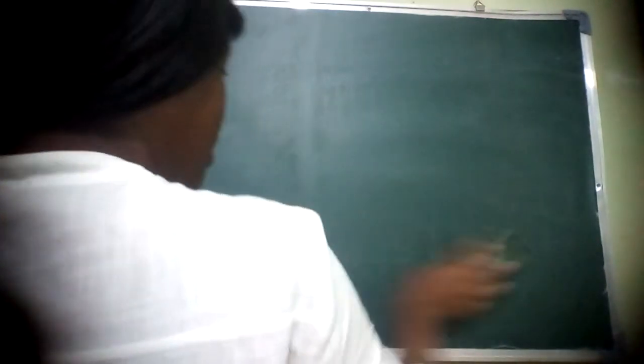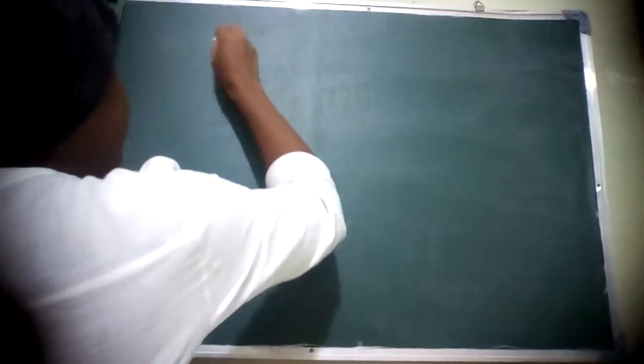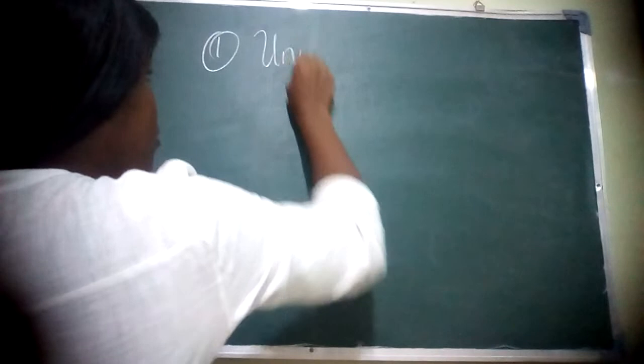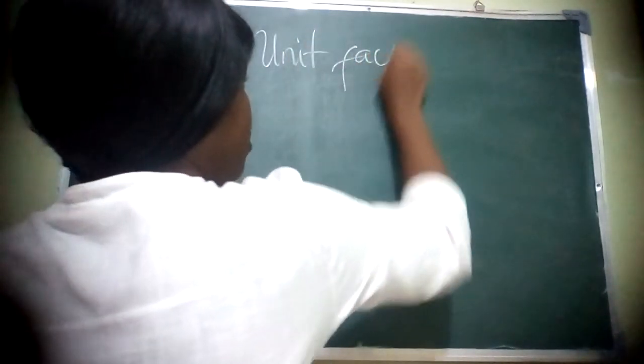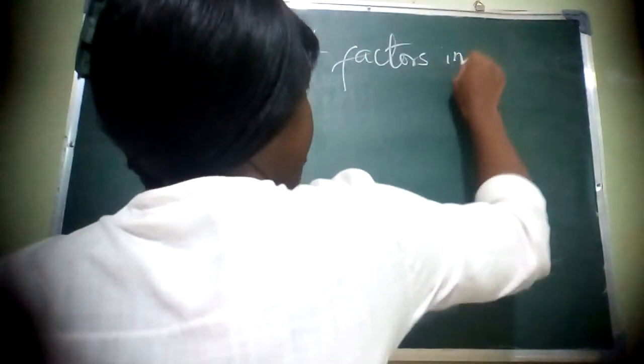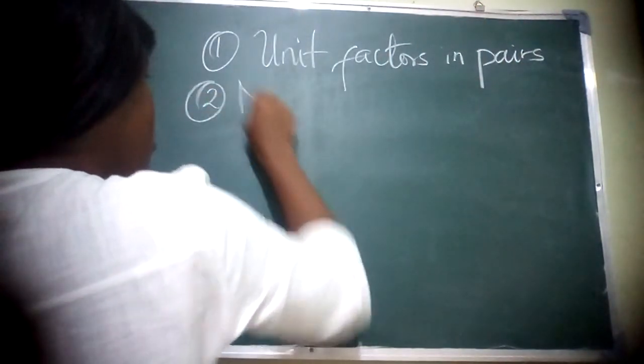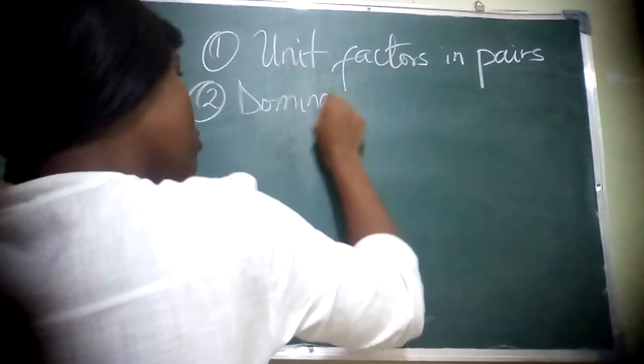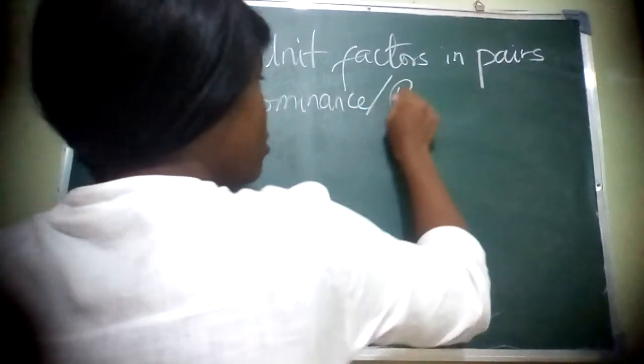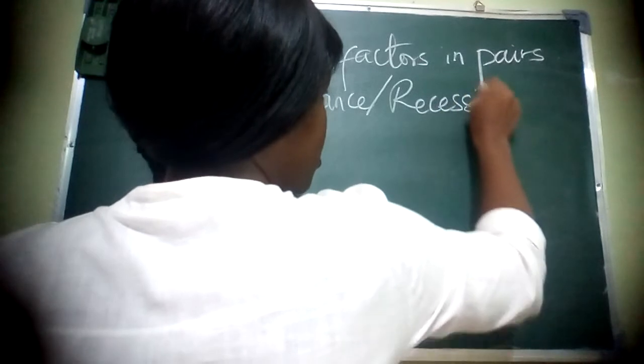Okay, so at the end of his experiments, he was able to give 3 postulates, which are as follows. 1, unit factors in pairs. 2, dominance and recessivity.